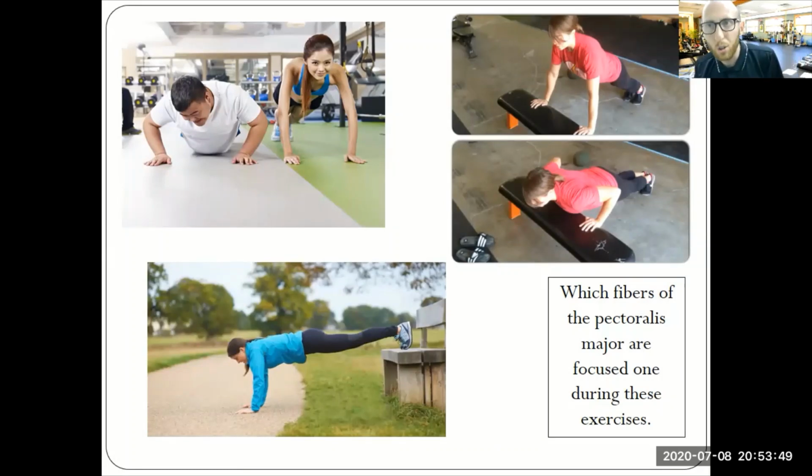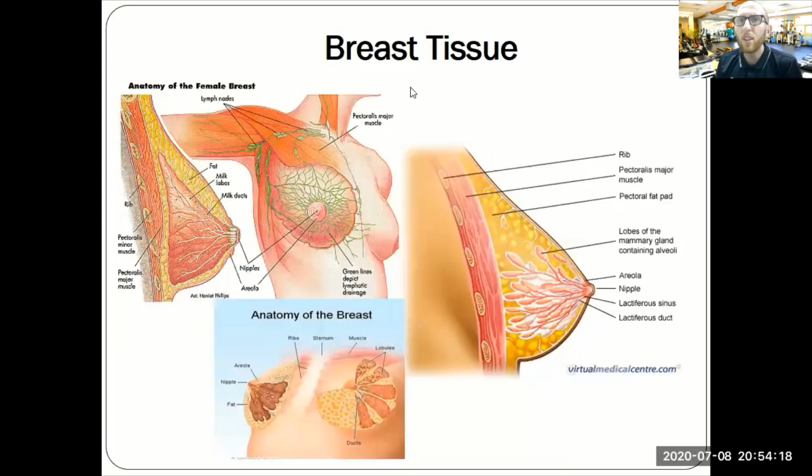The whole muscle is contracting, but focusing on different fibers of that muscle is what we're doing here. So in our professional teams, we will talk about which one of these pictures does which fiber orientation.